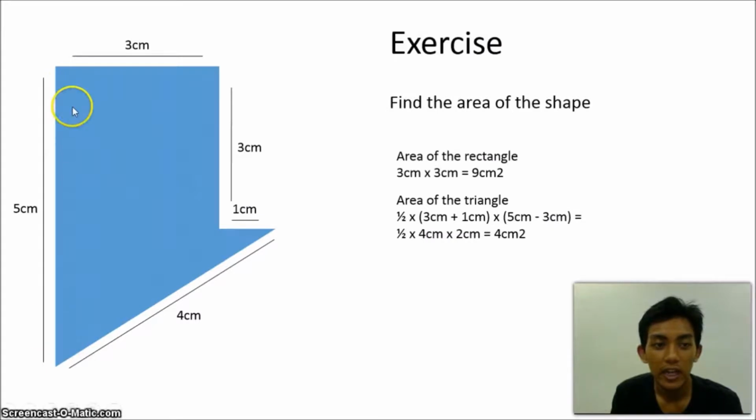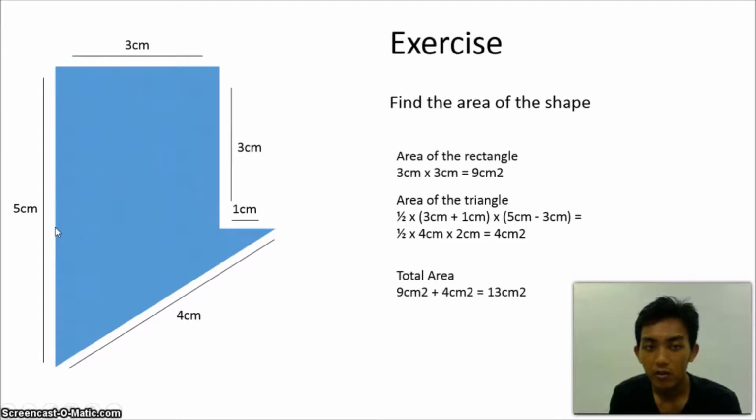So now we have the area of the rectangle and the area of the triangle. Now we can total up to get the area of this shape, which is 9 cm squared plus 4 cm squared, equal to 13 cm squared.